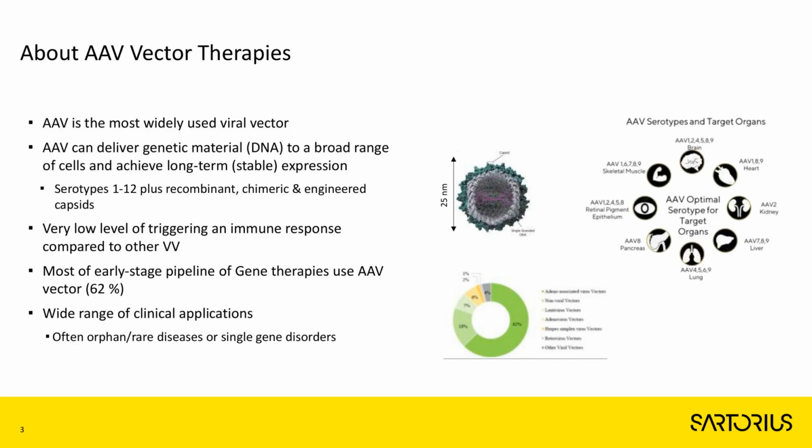It's not as triggering to the immune system as compared to other viral vectors, and it's in a wide range of clinical applications. Currently, there are quite a few therapies already on the market, and probably more are incoming in the next year or so.